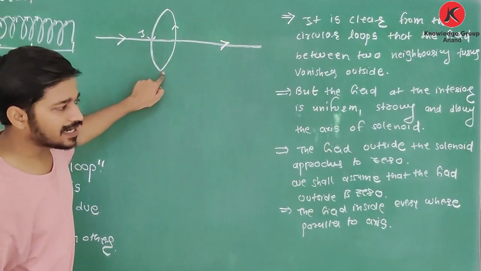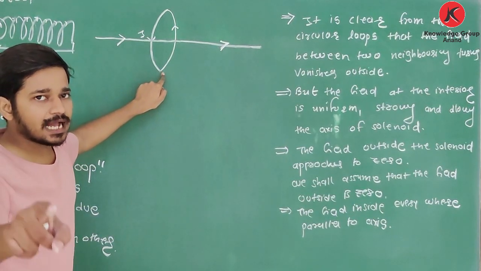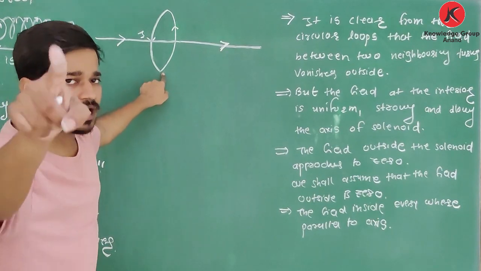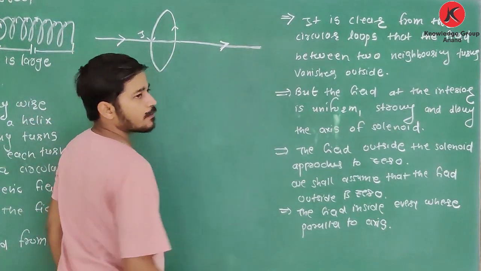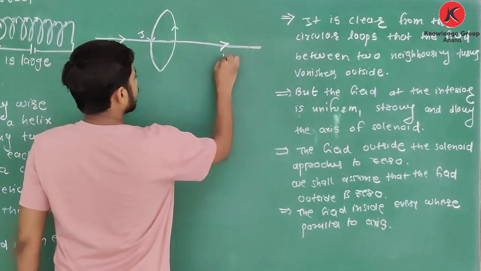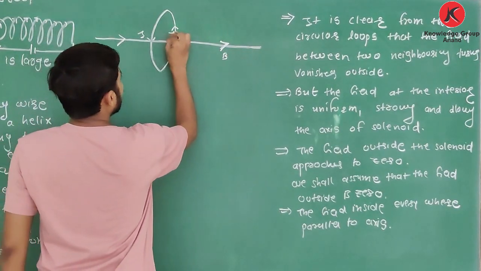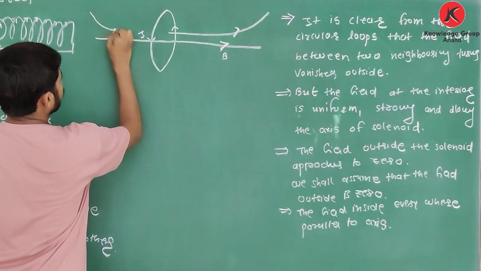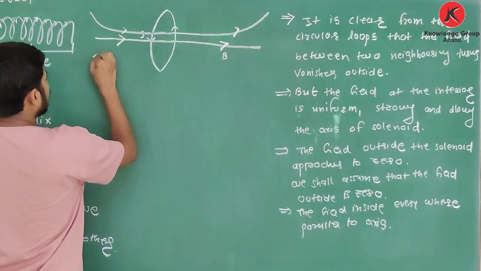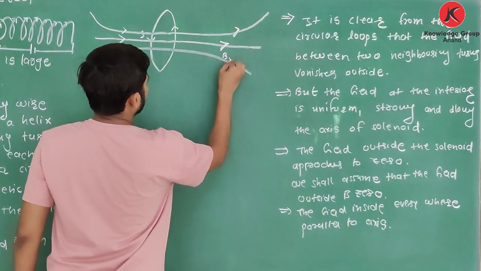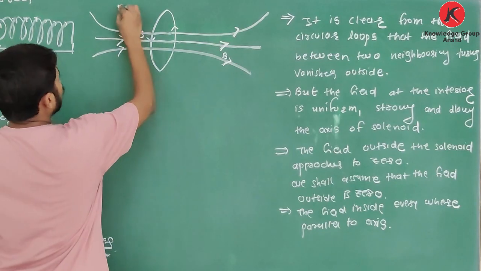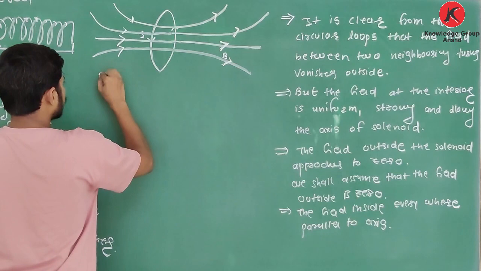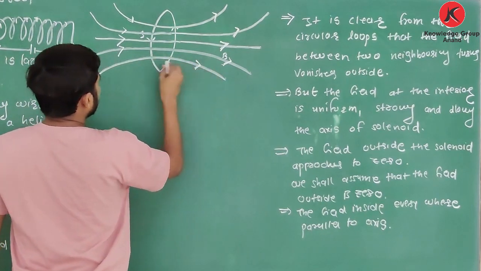This current carrying circular loop is identical to a magnet. On the axis, the field is parallel to the axis, but as I move above the axis, it curves like this. These are magnetic field lines.